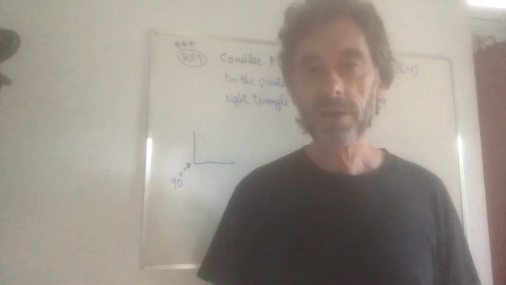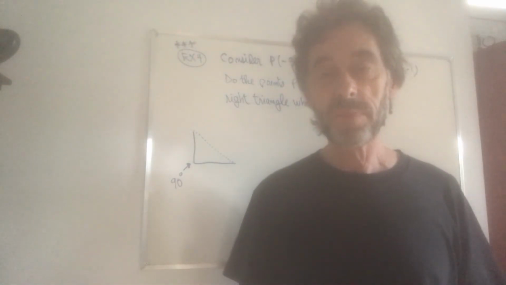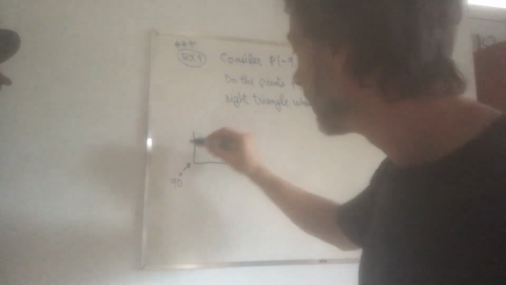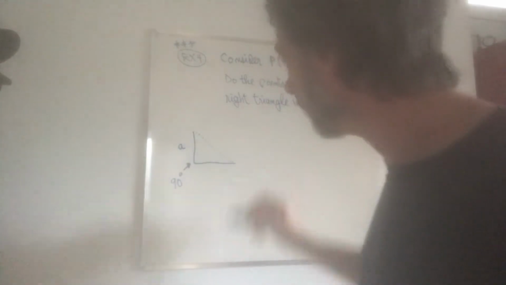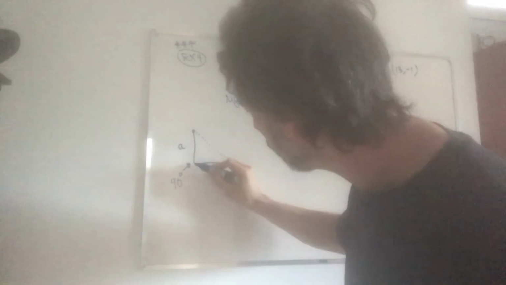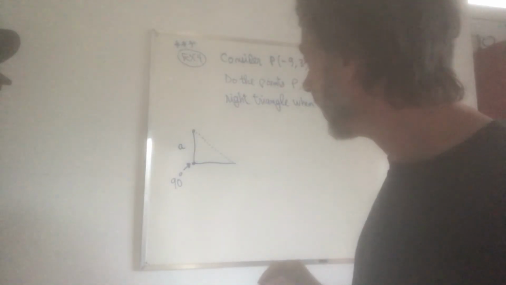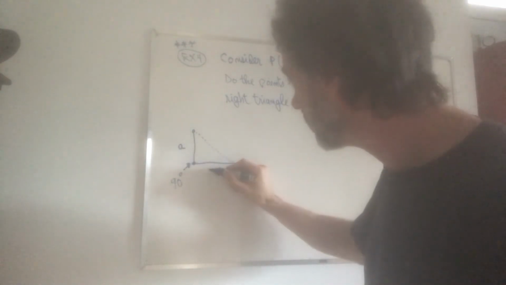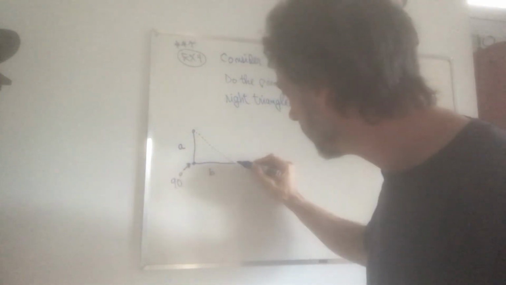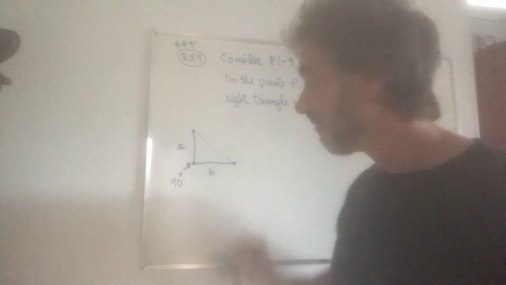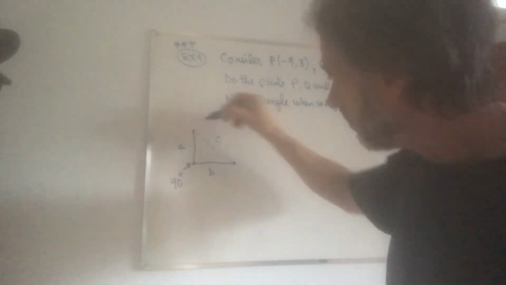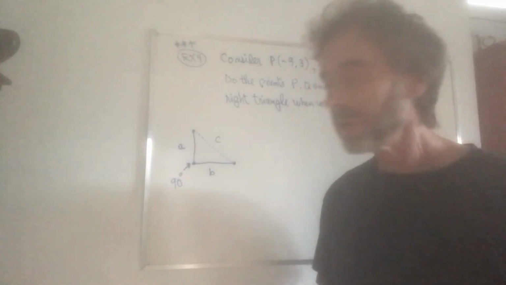So what I suggest here is that we actually put our knowledge of the Pythagorean theorem to good use. Let us find the distance between this point and that point. Then let us find the distance between this point and that point. And finally, let's find the distance between those 2 points that form the hypotenuse.